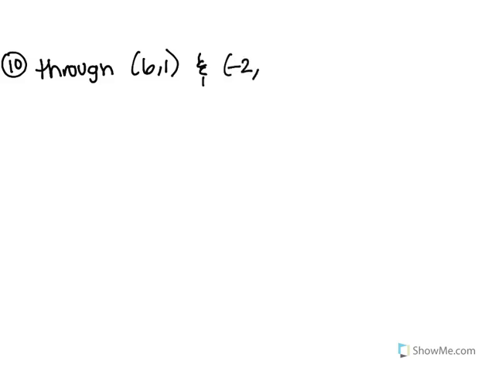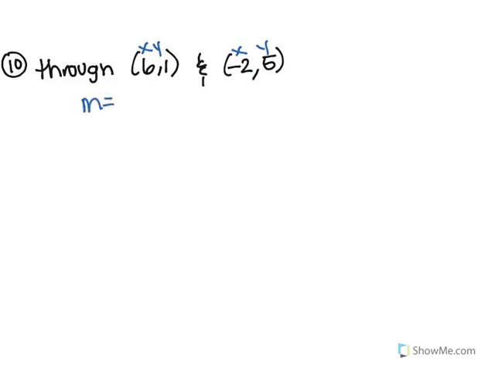Number 10. We're going to write the equation of a line that's going to go through the points 6, 1, and -2, 5. Now, this time I gave you 2 points. So you got to first find the slope by using the slope formula.